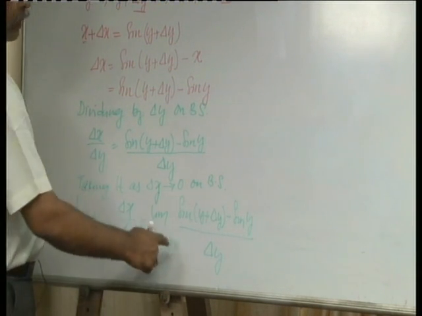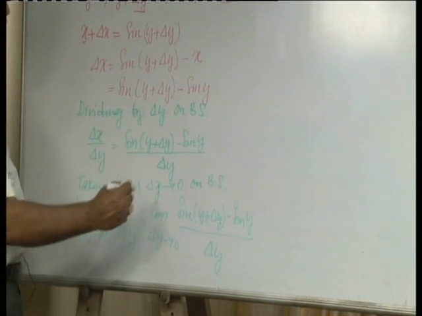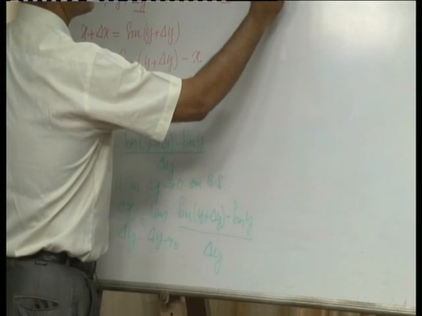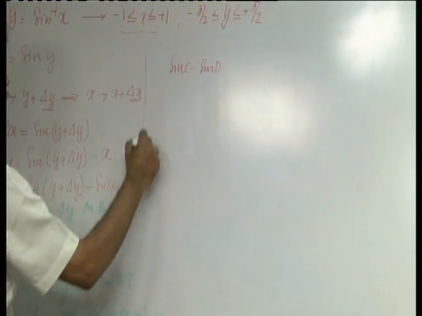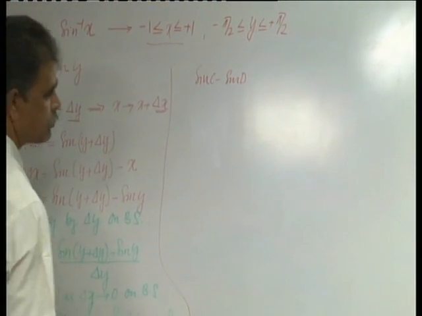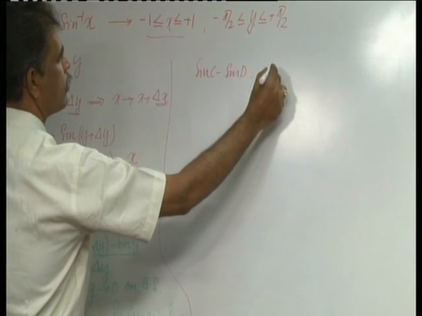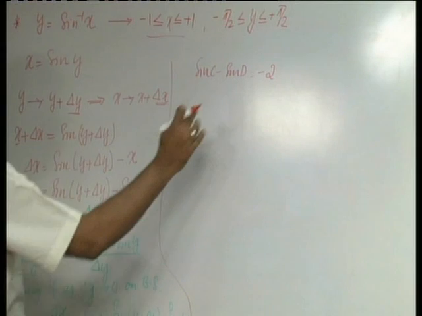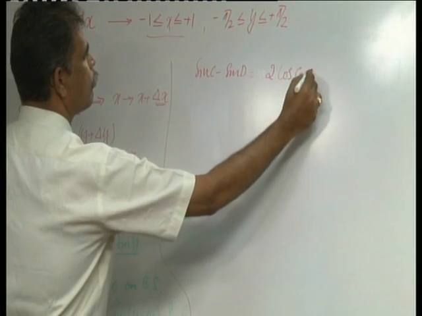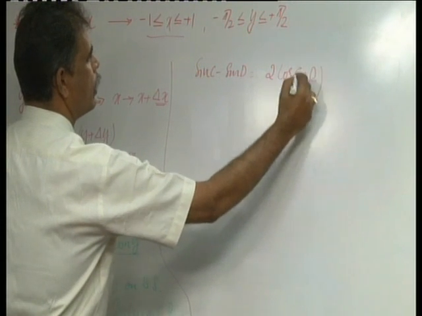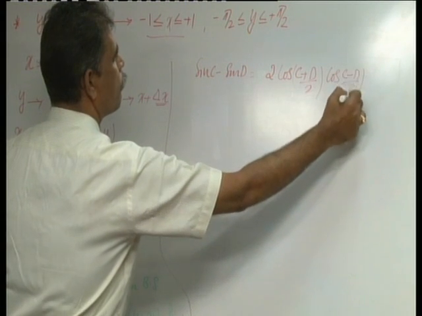So, instead of that we have to find the actual limit of this function by using the formula sin c minus sin d is equal to 2 cos of c plus d by 2 into sin of c minus d by 2.